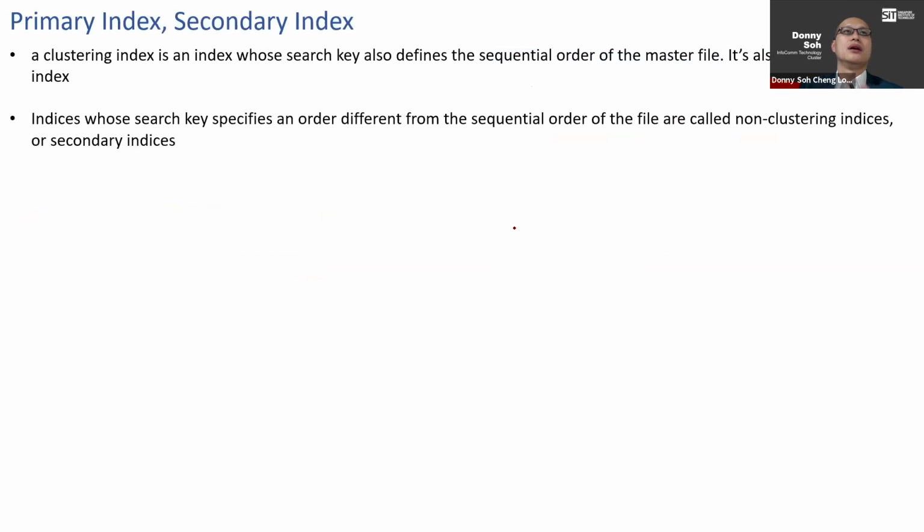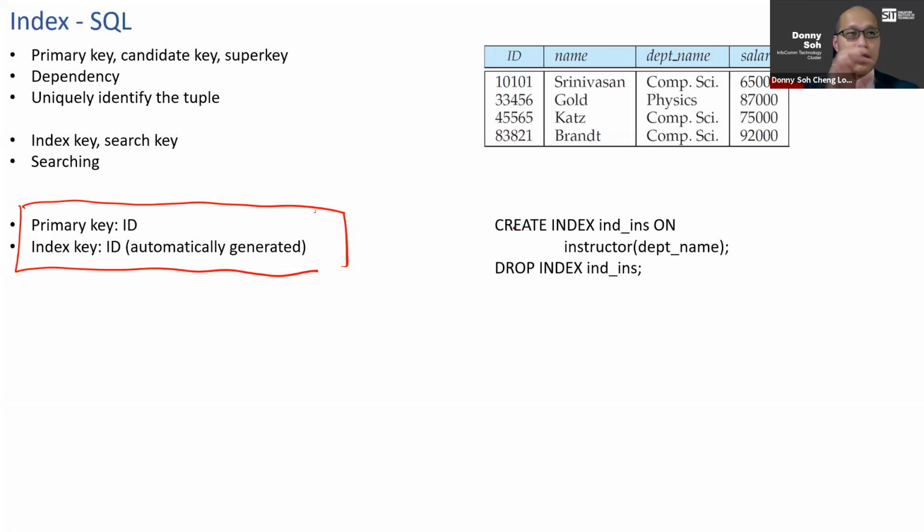We also have something called the primary index and the secondary index. A clustering index is an index where the search key also defines the sequential order of the master file. It's called the primary index. This one can get a little confusing. Primary key is primary key.